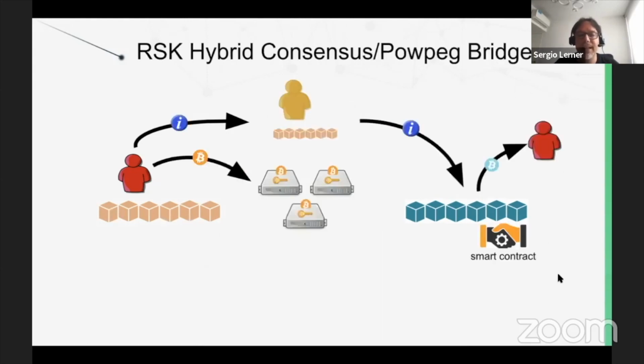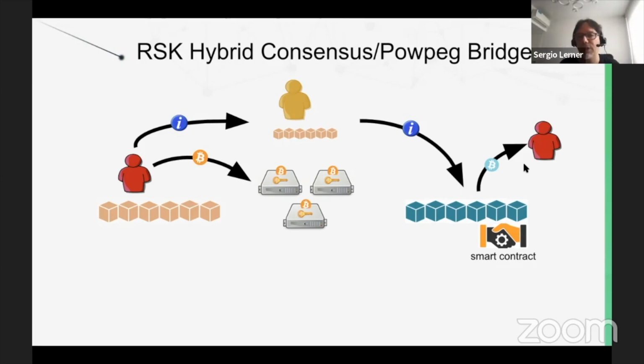The fact that this PowPeg is a hybrid PowPeg is very interesting, because when you do a peg-in, you actually send the funds to the devices, but the peg-in process is fully decentralized. So you can send this information about the blocks that confirm your payment or your transfer into the smart contracts in the Rootstock blockchain, and those smart contracts will issue the smart Bitcoins, the RBTC, for you.